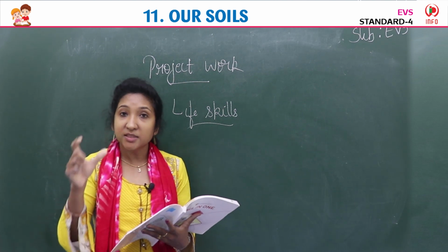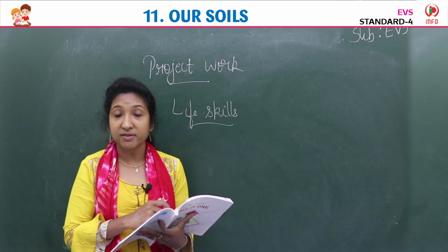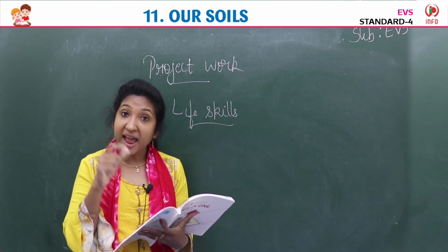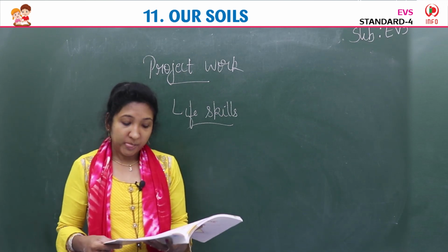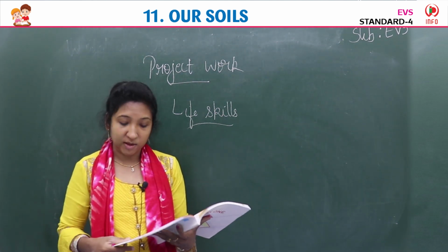These kinds of wastes are good for the fertility of soil. They improve the quality of soil. Other than this, human wastes are not at all good for the soil.